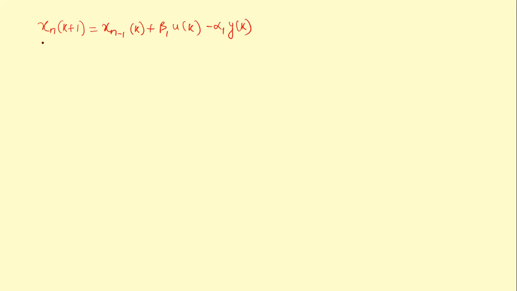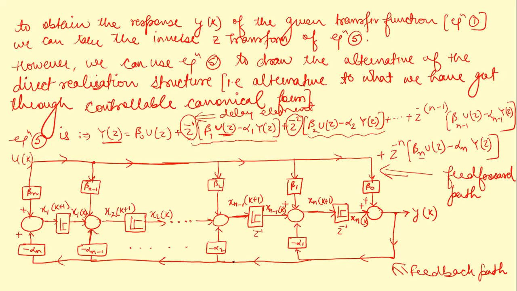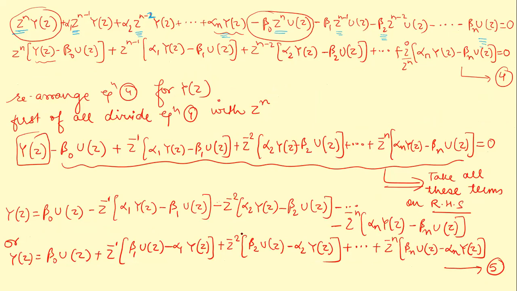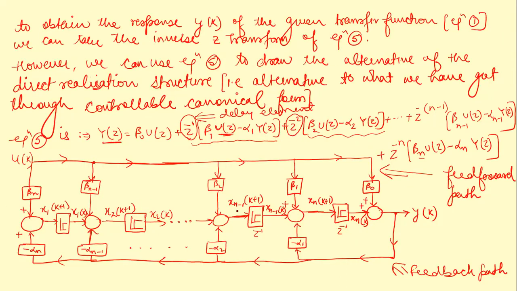So similarly, if you see, in this way we have xn minus 1 k plus 1, it would be beta 2 into uk and minus alpha 2 into yk, and then we have, so here we must be having xn minus 2 k, right?